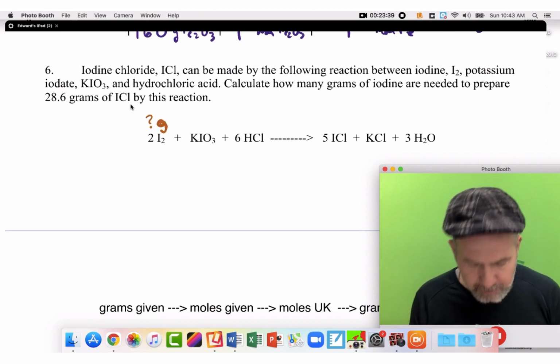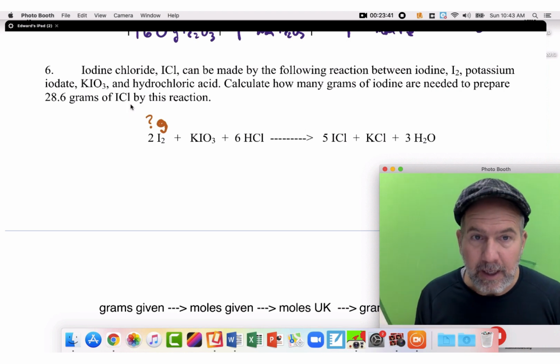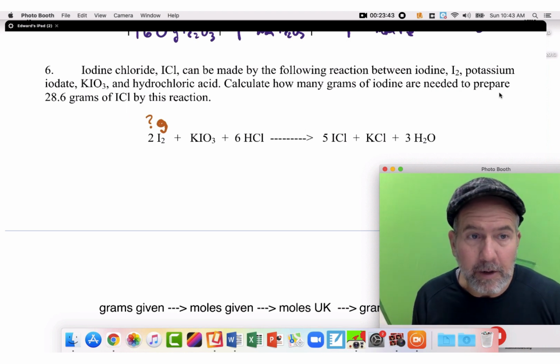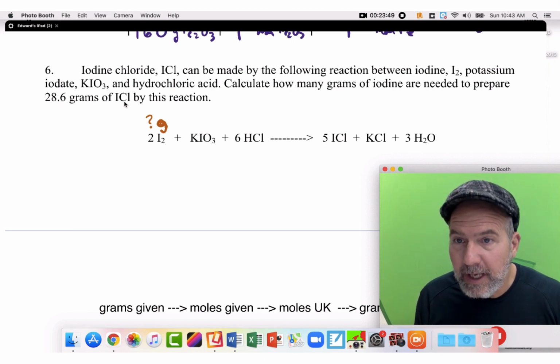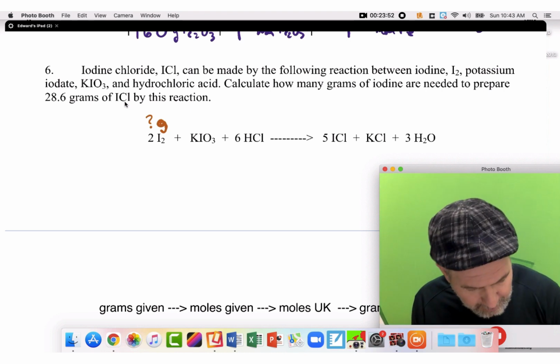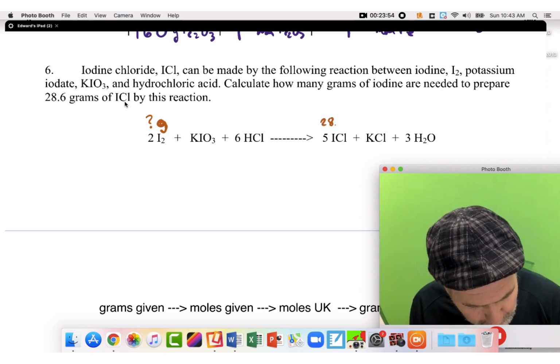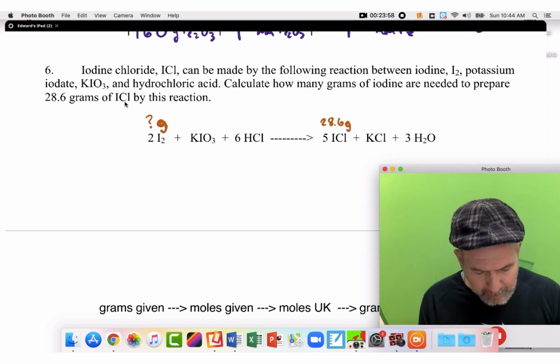All right? So we're trying to find that. Are needed to prepare 28.6 grams of this. 28.6 grams. Okay, I think we're ready.